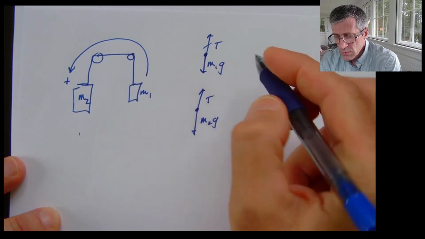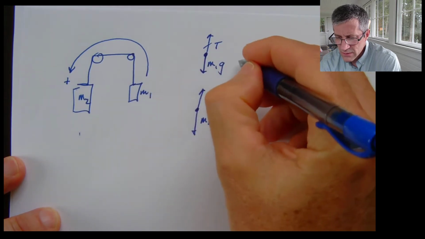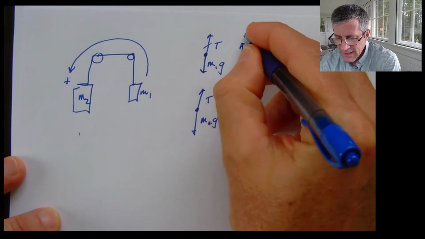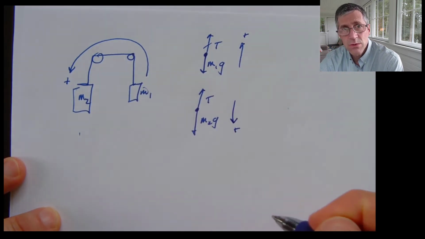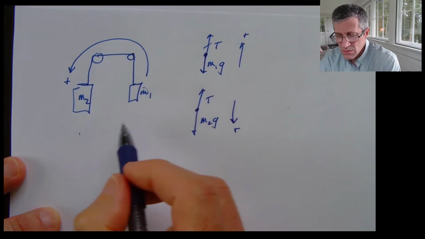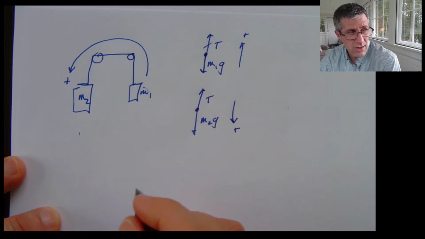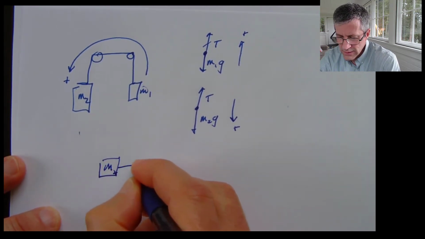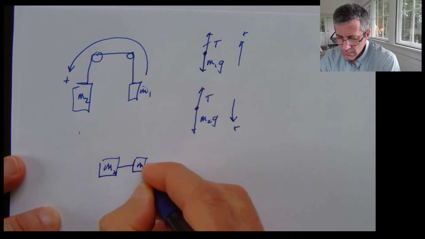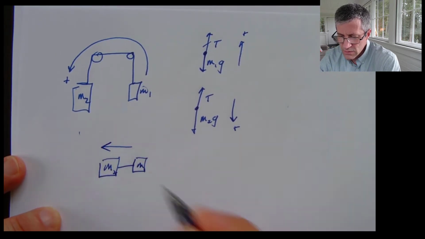Notice, though, that what I'm doing here is saying this direction is positive for this mass, and this direction is positive for this mass. Really important. Sometimes we just turn it all sideways. If you wanted to, I could rewrite this and say, here's M2, it's connected to M1 and is moving in this direction.